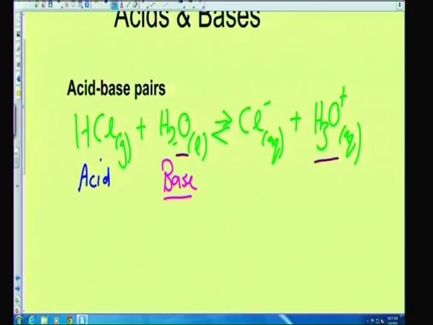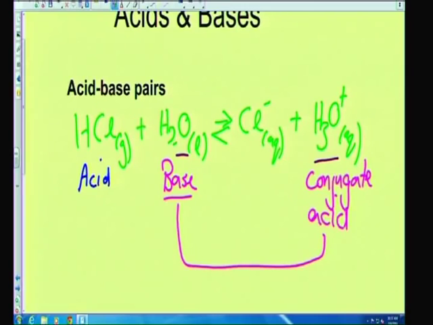It's in a pair, but we call this the conjugate acid. So these work together in a pair, the base and its conjugate acid. It's an acid because it's donating in the reverse reaction. It's conjugate because it's paired to the original base.